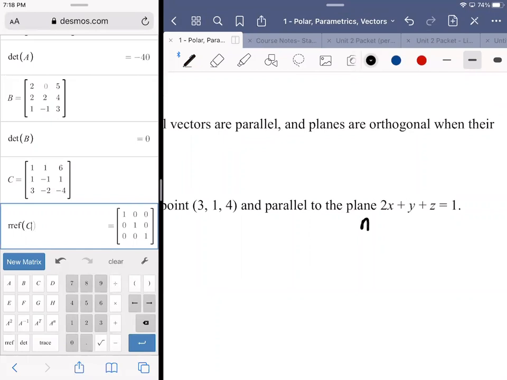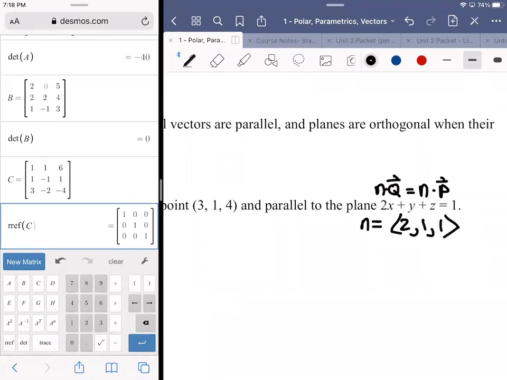So n would be equal to 2, 1, 1, just the coefficients of x, y, z. Because again, we're looking at n dotted against the vector q and n dotted against the vector p. So n would be 2, 1, 1.